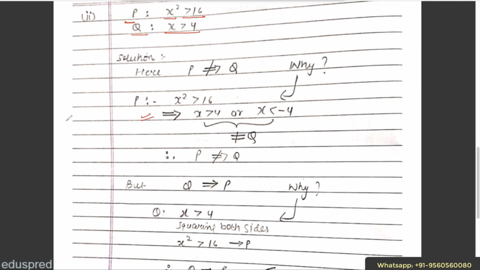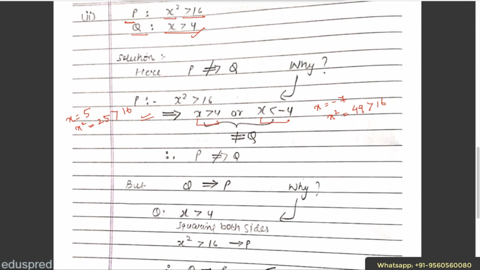If you have x is equal to 5, then your x square is 25, which is greater than 16. And if your x is equal to minus 7, then your x square is equal to 49, which is again greater than 16.